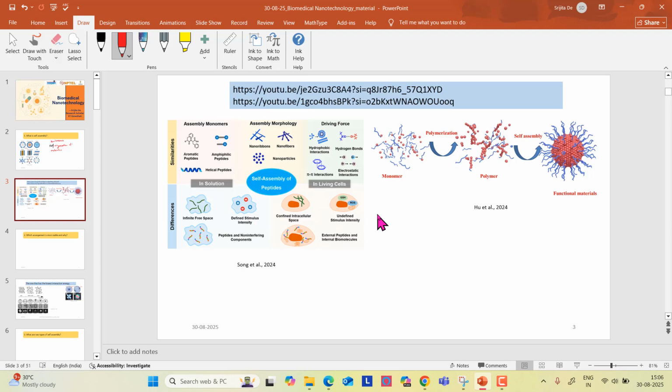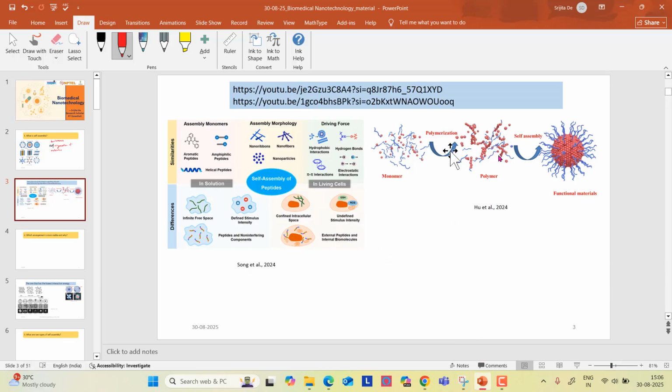Here are some other examples. These are peptide bonds, and they are amphiphilic peptides, and they self-assemble around some kind of lipid particles or some kind of surfactant, some kind of pore. In living cells also you can see the self-assembly.